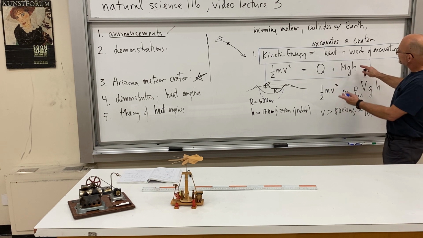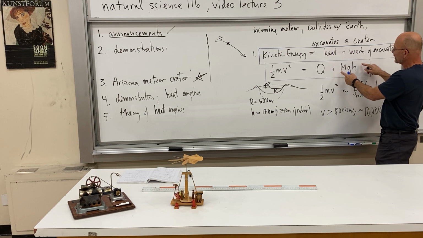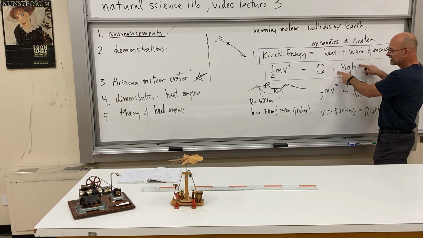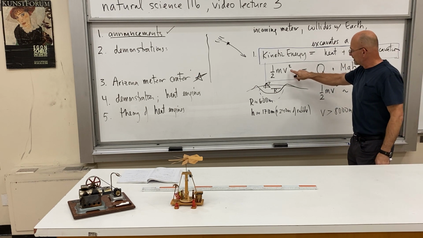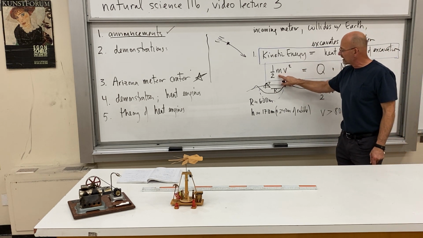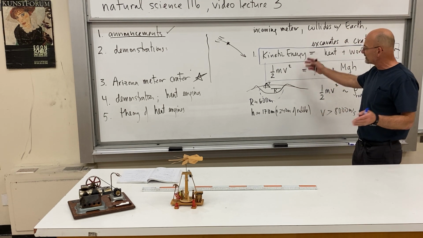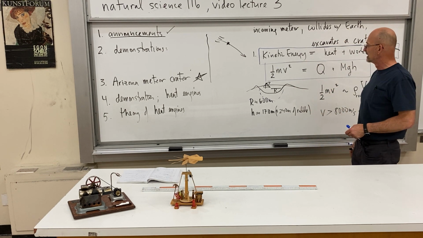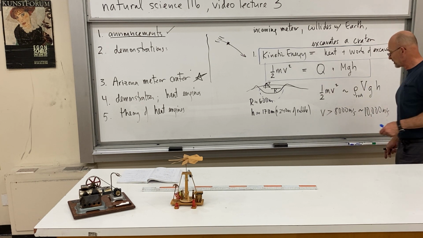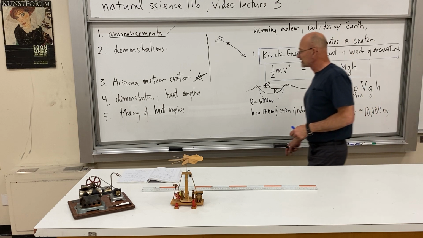And then on this side, we could measure the meteor crater and figure out this side completely. And the V squared, we would just estimate, and so the only unknown would be the mass of the meteor, and we could actually estimate the mass of the meteor that way. I've done that before with a class, but this time I'll leave it at that.